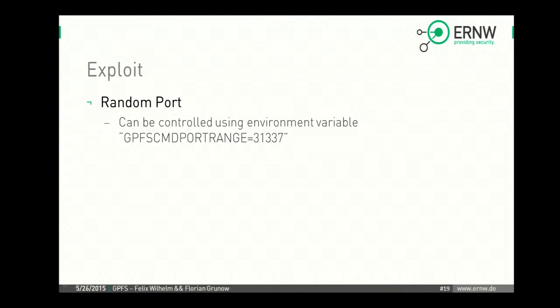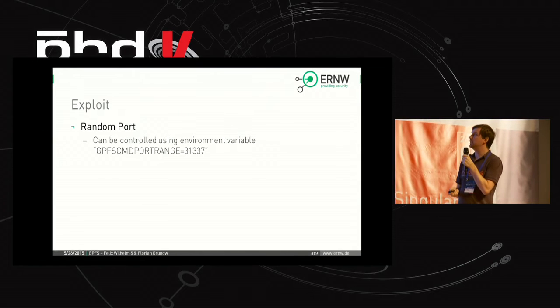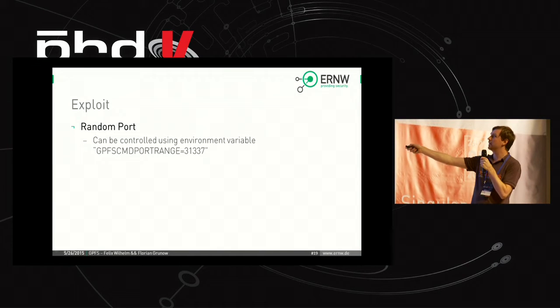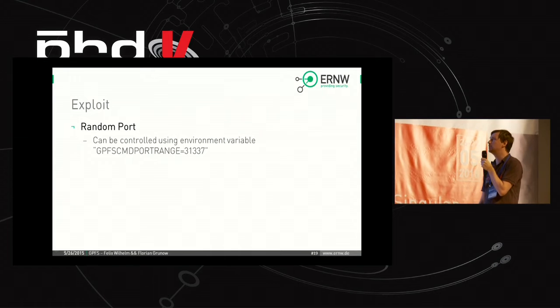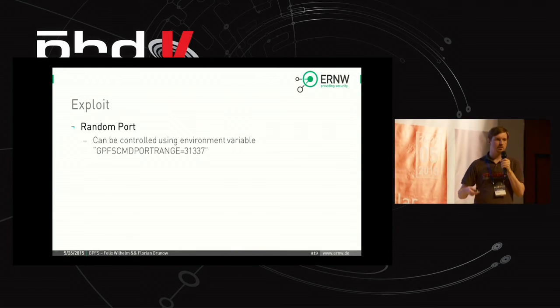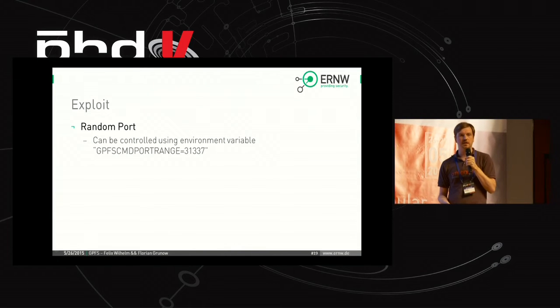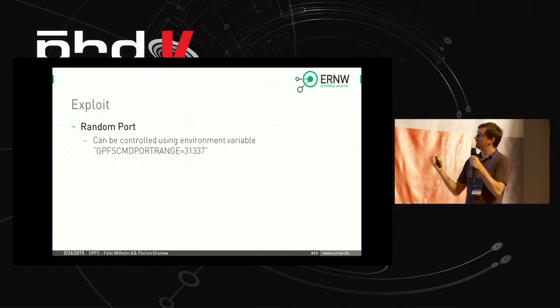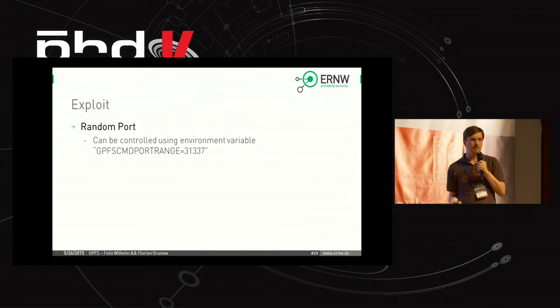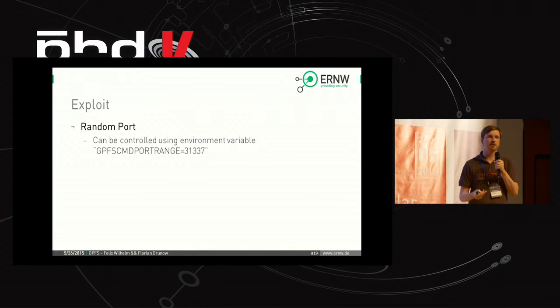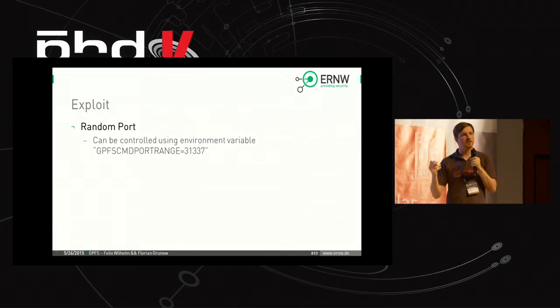So for the random port, we did some research and reverse engineered the binary, and we found the environment variable GPFS_CMD_PORT_RANGE, which you can set to arbitrary values, and then tsstatus will luckily pick the port that you specify. So from a local attacker's point of view, this is good, because we don't have to deal with a random port.